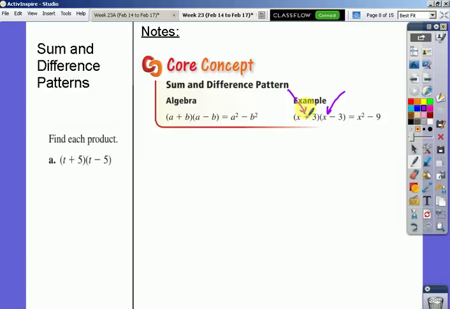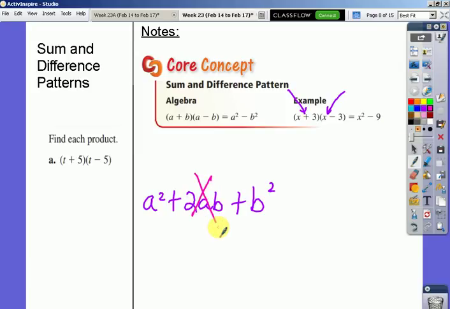Well, it turns out that whenever I find a product of something like that, the middle terms always cancel out. So normally we're used to saying something like this. If I have a plus and a minus, and I have those same two terms on both binomials, then that middle term goes away.